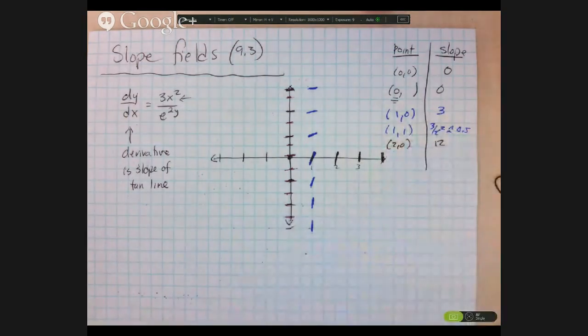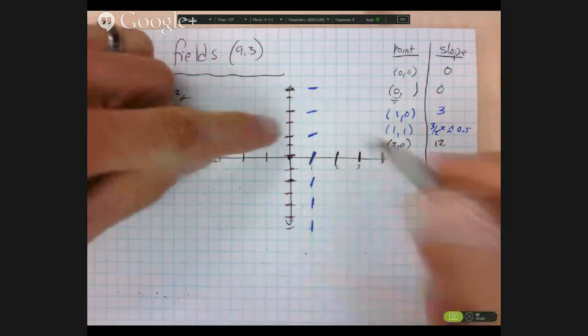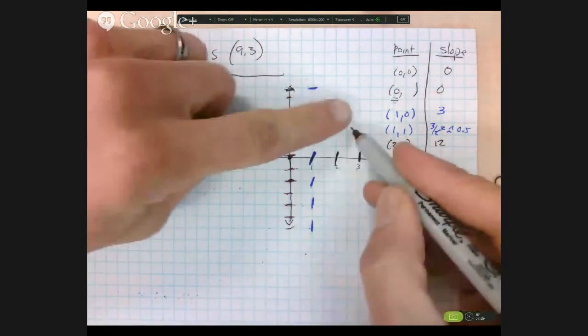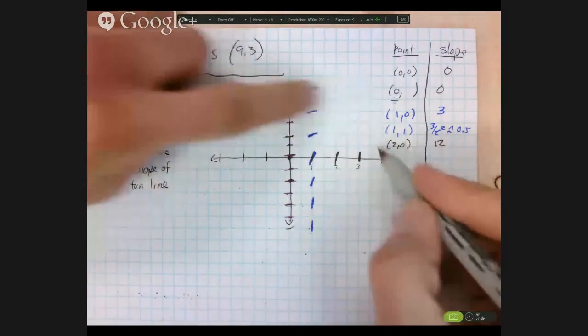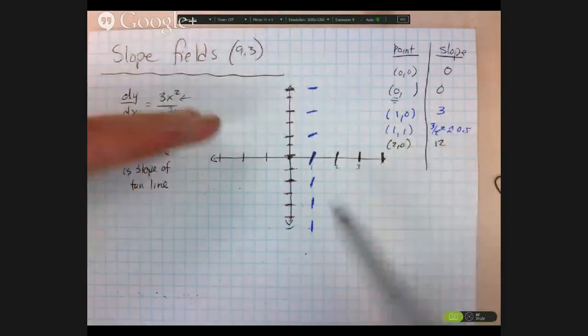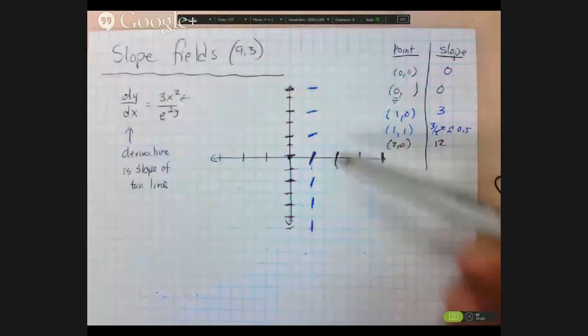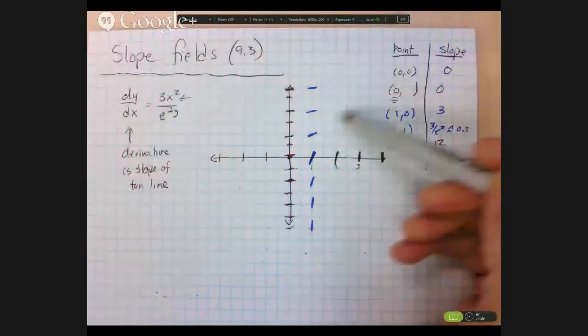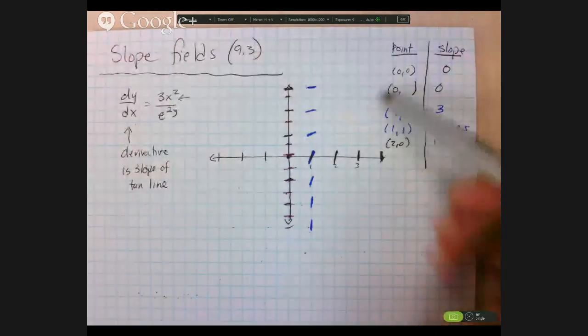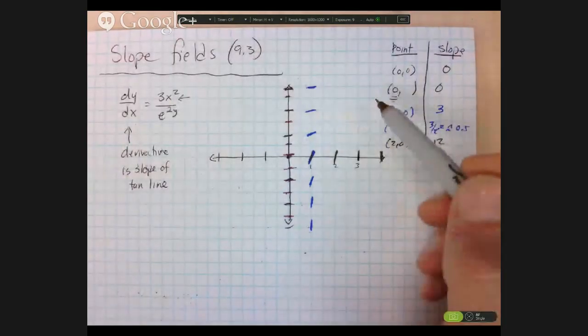So we're noticing patterns here, right? And so you can see how these lines are kind of coming together. What we're going to see with this slope field is that we're going to have some dash marks go in this direction, and these are all going to be like an asymptote, okay?